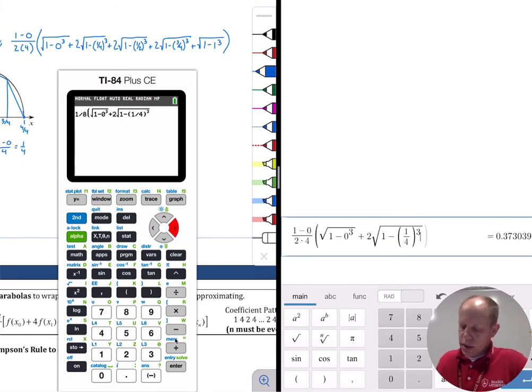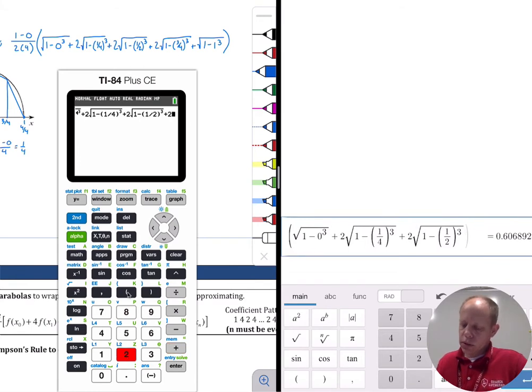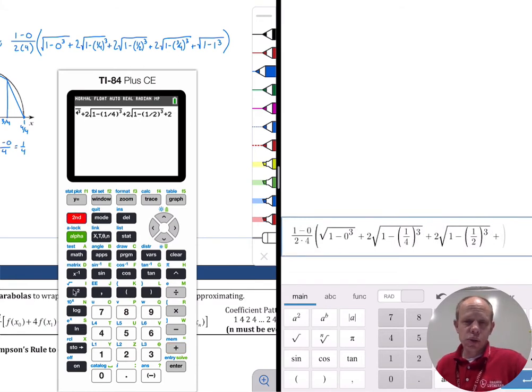So that's it for that one. We'll move outside the radical, and then we have another 2 radical. It'll be 1 minus. And now we're going to plug in 1/2. So that's going to be 1/2 to the third power. We'll move outside the radical, and plus another 2 radical.